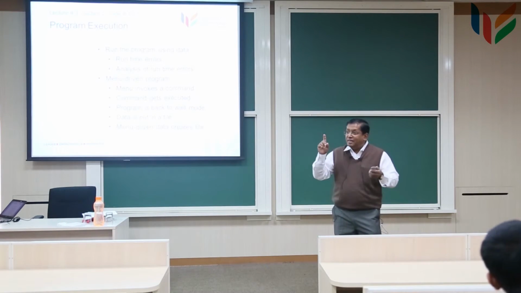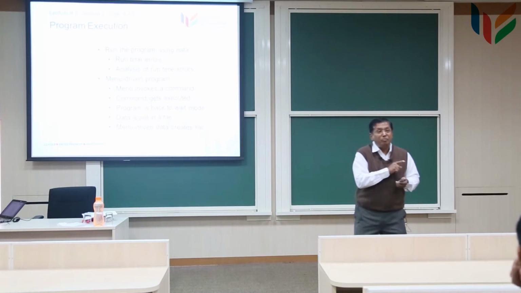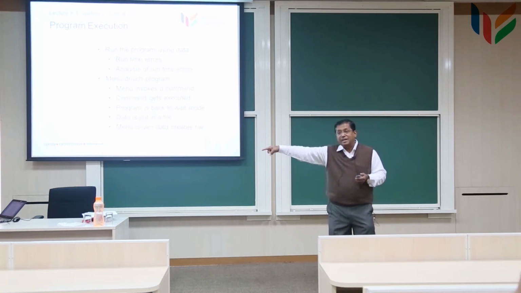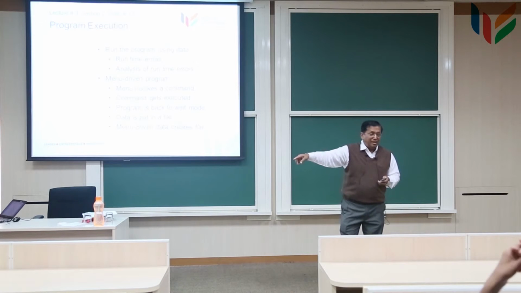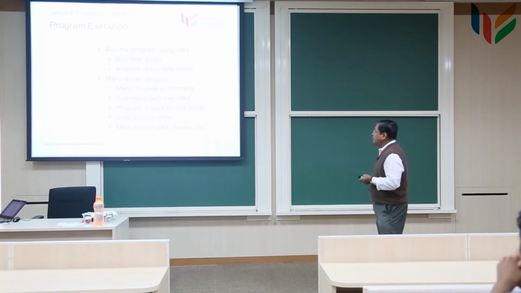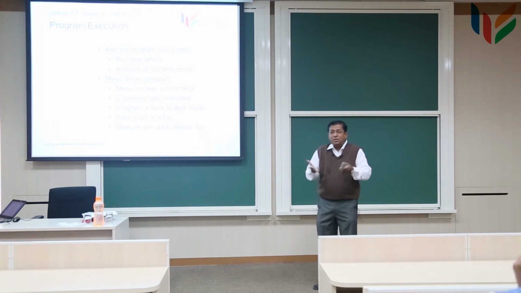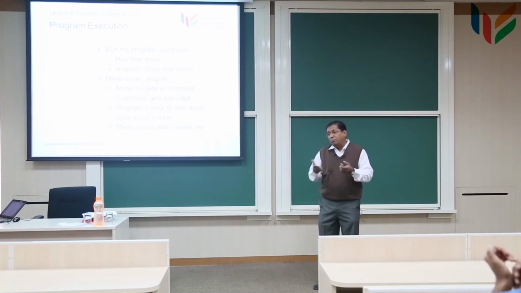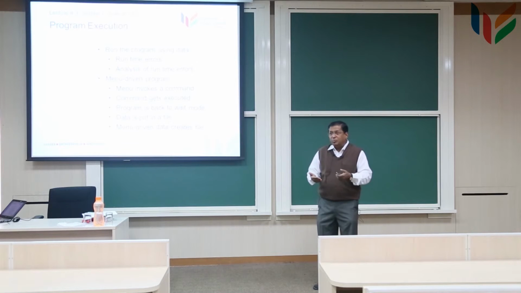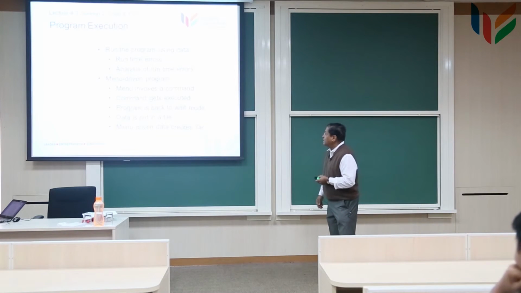So obviously the error will not be detected at the compilation level, the error will be detected at the execution level, and that is usually called the runtime error. So when you run the program, first you have to make sure that it is well written, so compilation is successful. The second part is if you have got a runtime error, you have to analyze them.